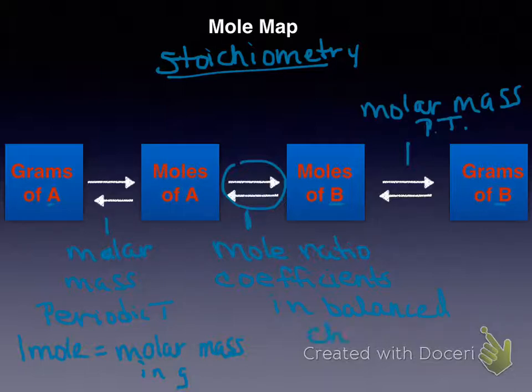Okay. So we're always going to have to look at our chemical equation, make sure it's balanced, and those coefficients give us the mole ratio of substance A to substance B. So let's look at some examples and see how this actually works.